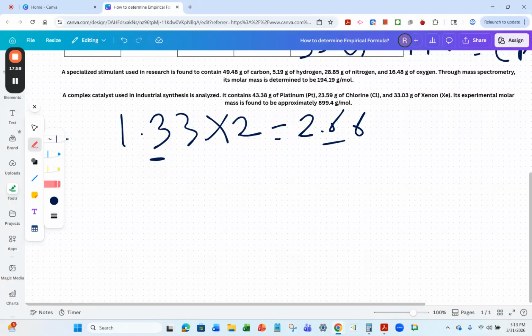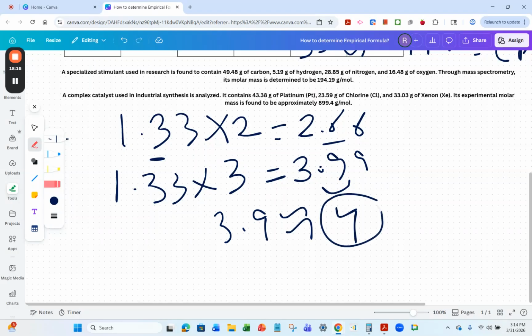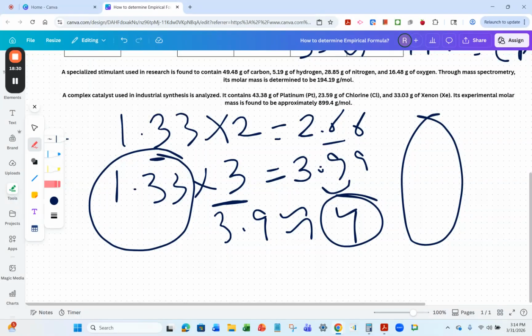No, it's a 6. I will go to the next number. If I multiply with 3, my number is 3.99. Did you see? After the decimal, it's a 9. You will stop here. What to do? It's 3.99, round off to 4. So use 3 to change this 1.33 into a whole number. Make sure you multiply the 3 with the rest of the numbers of moles in the fifth column, because they all make the formula together.